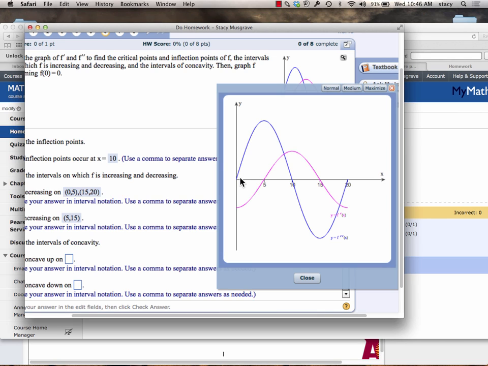So the second derivative is positive where? From 0 till 10, right? So the second derivative is above the x-axis from 0 to 10. And notice that corresponds precisely to where the first derivative is increasing, right? The purple curve is going up.